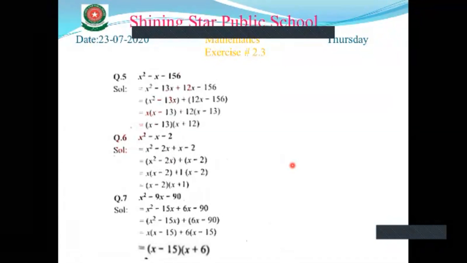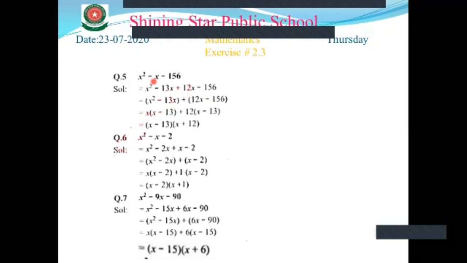Now the two numbers, 13 and 12. Now when we multiply minus 13 with plus 12, it becomes minus 156, and when we add them, it becomes minus 1.